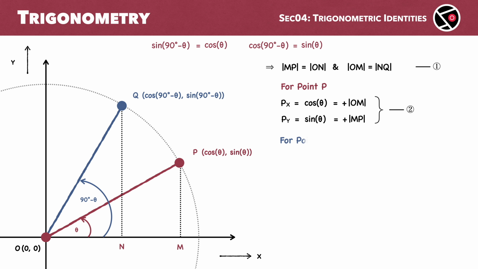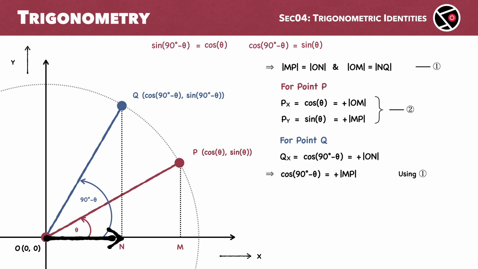Moving to point Q. The x-coordinate is cos 90 degrees minus theta. This is also positive and equals the length of ON. But from earlier, we know ON equals MP. And from 2, sin theta equals MP.